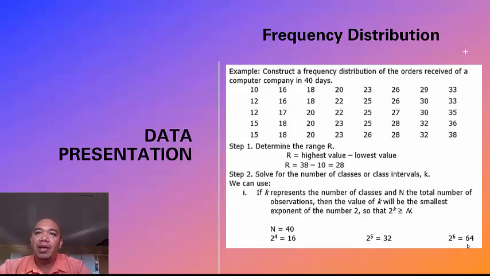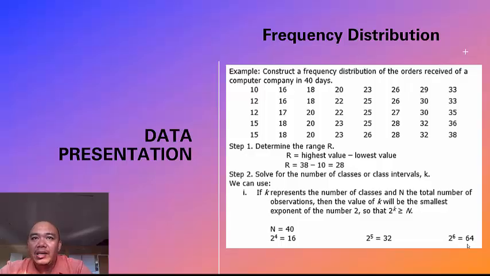So for example, we have here a set of data. Construct a frequency distribution of the orders received of a computer company in 40 days. So there are 40 observations.